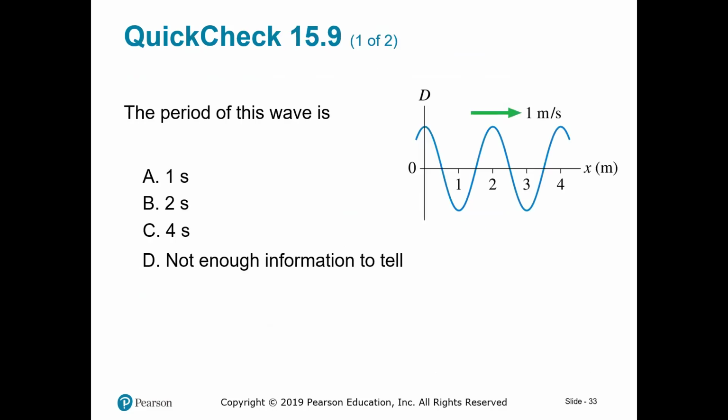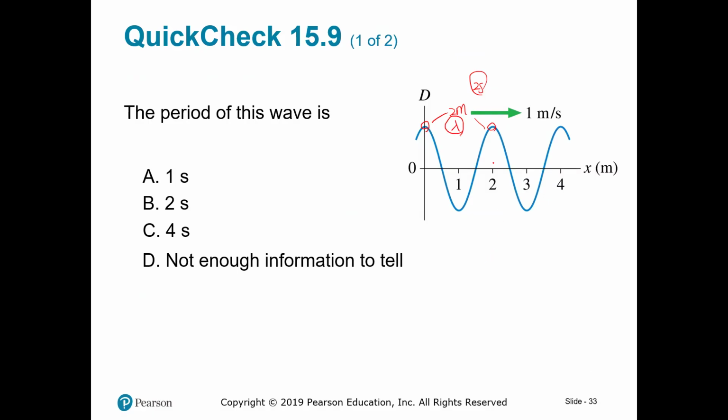What is the period of this wave? Don't make this mistake: the distance between two crests here is basically 2 meters, not 2 seconds. So this is not your time period T, but your wavelength.